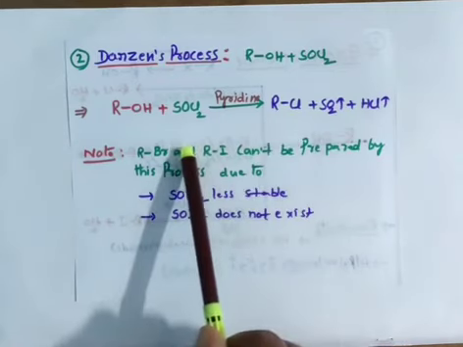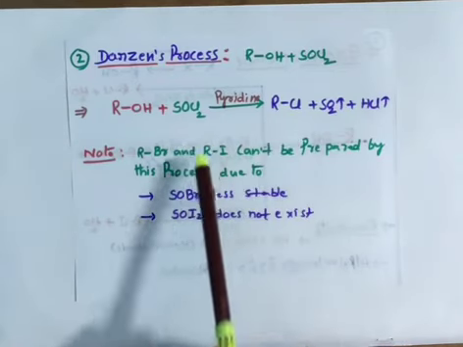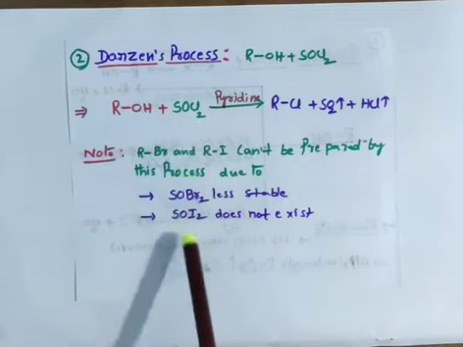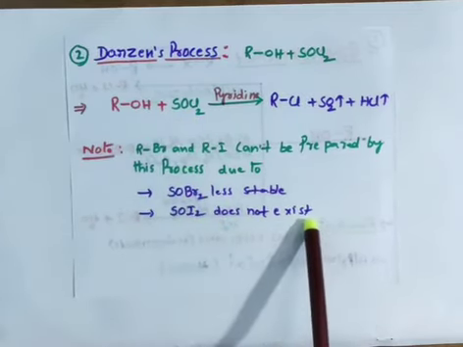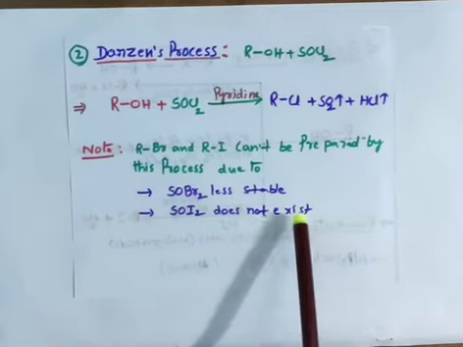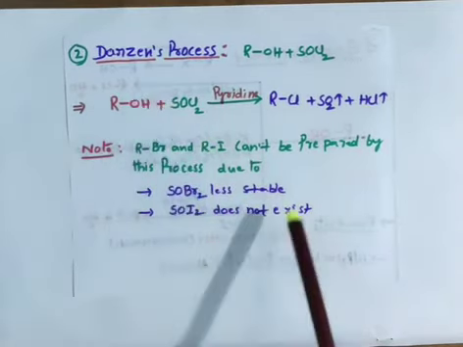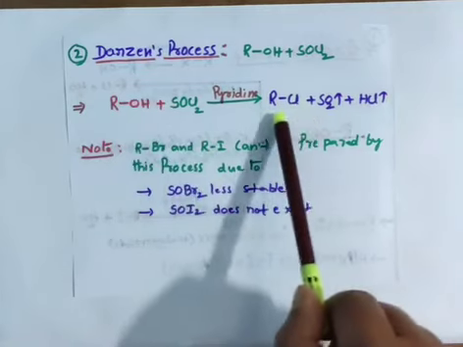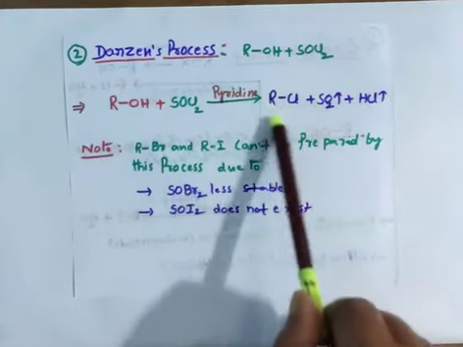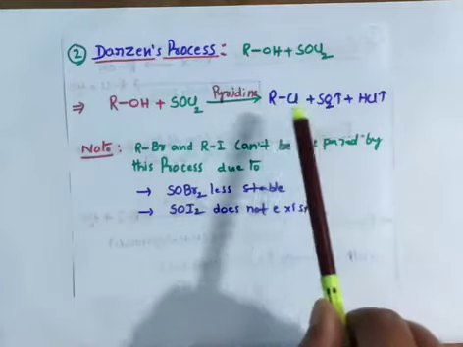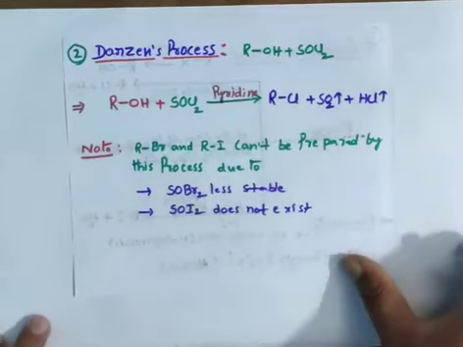If you want to prepare RI, you need SOI2. SOI2 does not exist, it is least stable. That's why by Darzens' method you can't prepare RBr or RI. You can prepare only chloroalkanes. This is one more important organic named reaction.